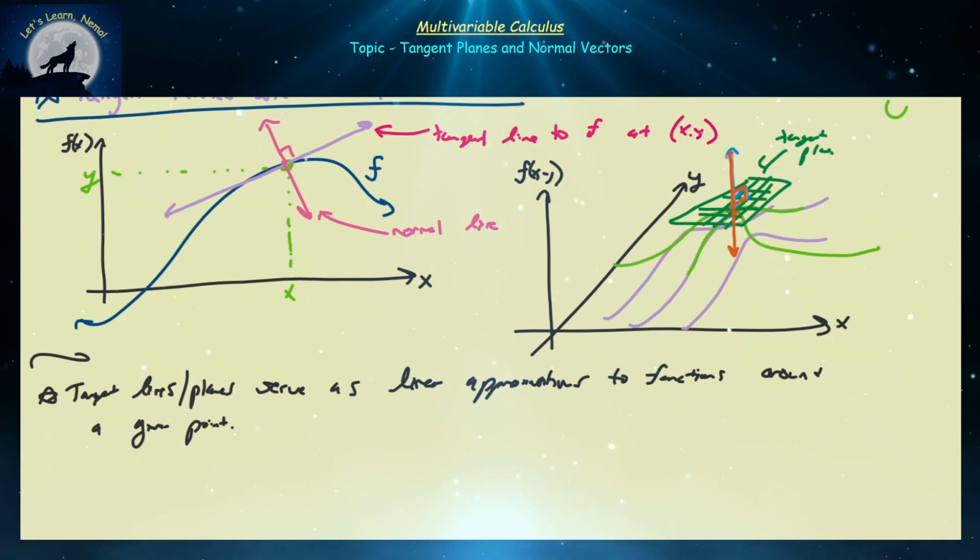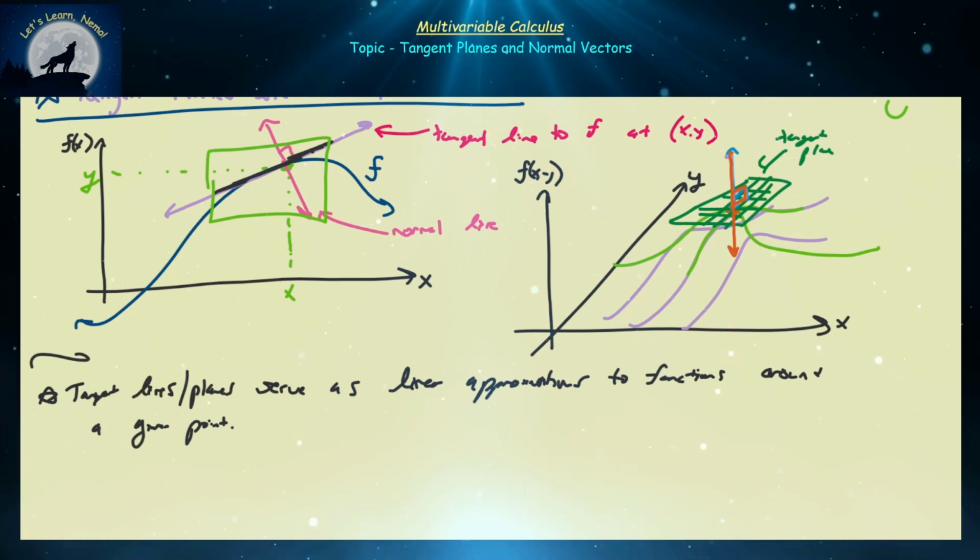Because if we look at this particular function graphed in blue, if we look really, really close to this curve in some neighborhood, let's assume this little box here, the line is practically equal to the values given in dark blue. And the same can be said about the tangent plane in green around that surface in blue and light green.